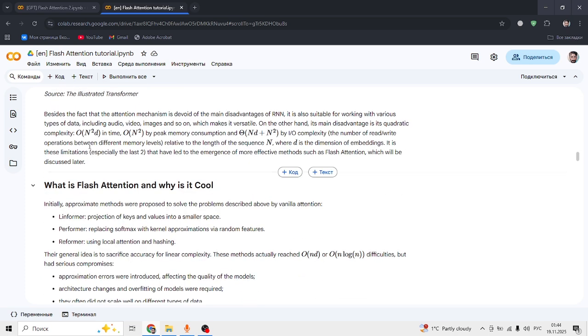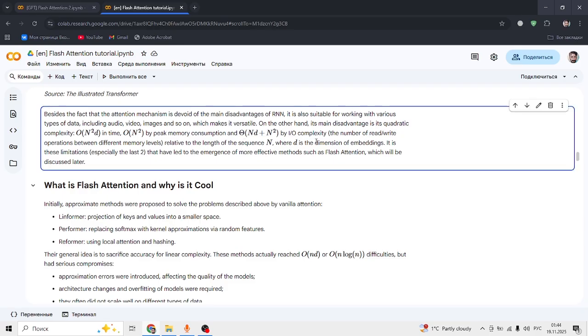You can see this here: O(n squared d) in time, O(n squared) by peak memory consumption. And its complexity is nd plus n squared by IO complexity, the number of read and write operations between different memory levels.